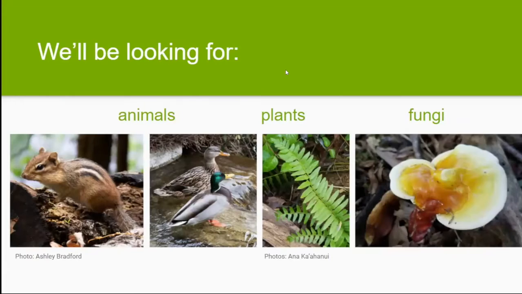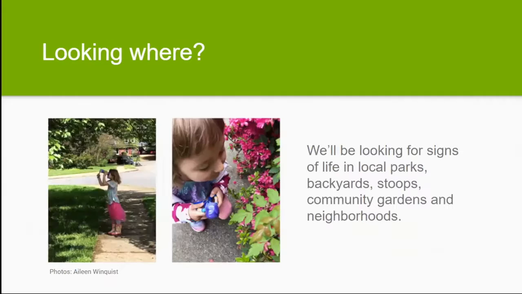So in the City Nature Challenge, we're looking for animals, big ones, small ones. We're looking for plants. We're looking for fungi. We're looking really for anything that is living, any wild species that is living. Where are we going to be looking? We can look in local parks. We can look in our backyards. We can look on our porches. We can document the ants that come into our kitchen.